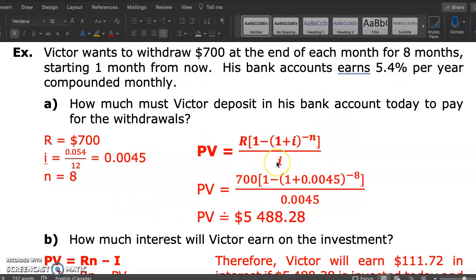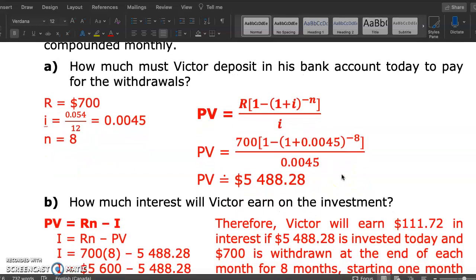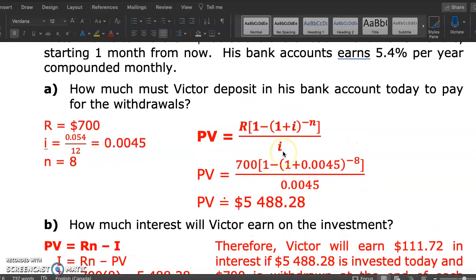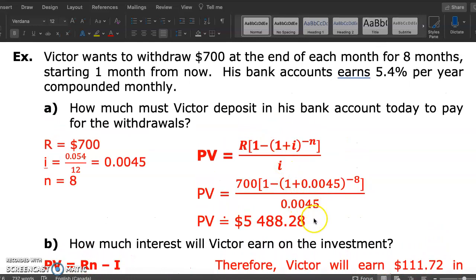So when we substitute into this formula, we get the following equation. In order to be able to evaluate this right-hand side, I like to use the brackets first. So 1 minus bracket 1 plus 0.0045 end bracket to the exponent -8.